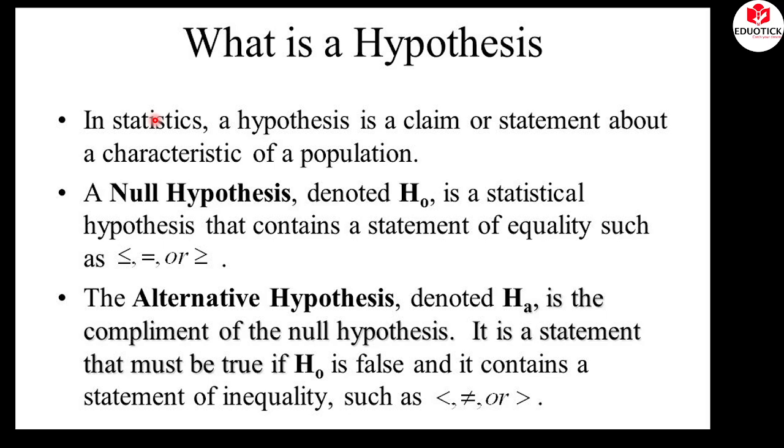There are two types of hypothesis. One is the null hypothesis and one is the alternate hypothesis. The null hypothesis is denoted as H0, and the alternate is denoted as Ha. If you give some statement based on some characteristics of a population, and maybe someone said it before, there is some basis, that will be your null hypothesis, and it is a statement of equality.